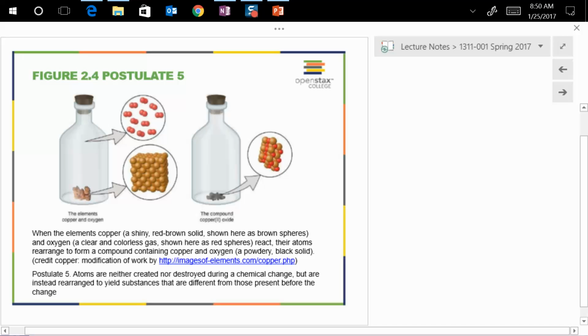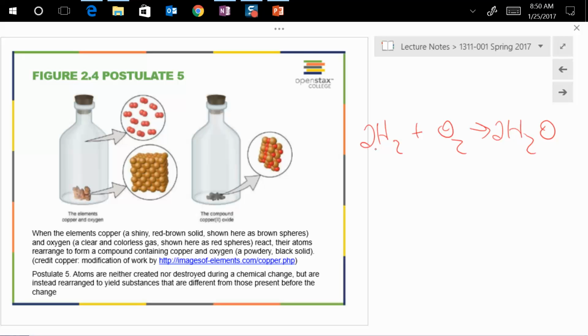The fifth postulate: atoms are neither created nor destroyed during a chemical change, but are instead rearranged to yield substances that are different from those present before the change. This is great because he's seeing that if I put two things together, I'm going to get a new substance. That's a chemical change. These atoms are rearranging themselves, but they're not destroying themselves. If I take hydrogen plus oxygen and produce water, did the hydrogen get destroyed in the process of forming the water?